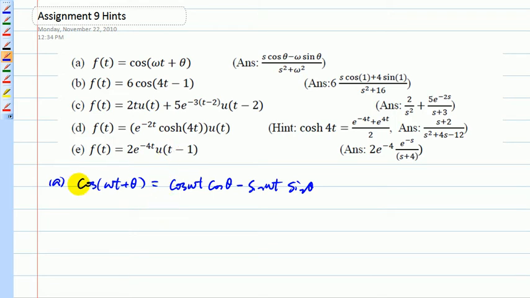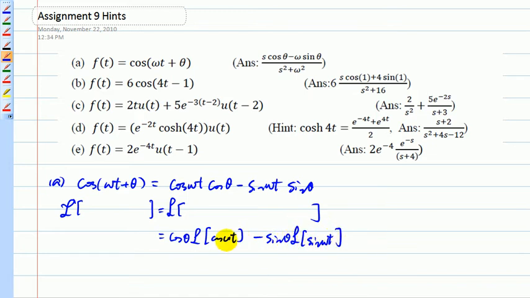Okay, so if I take Laplace transform of this side, essentially it's equivalent. Taking Laplace transform, the cosine theta and sine theta, you consider them as constants, so you can take them out of the Laplace transform.